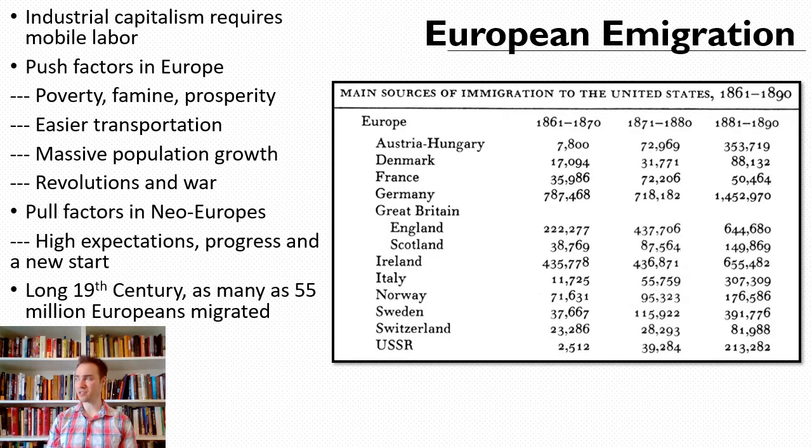Remember the French Revolution kicking off in Europe, then the Napoleonic Wars, then all kinds of conflict in Russia and Germany and other places. So a lot of Europeans just wanted to get out of there and go somewhere else. So what pulled them to other places? Over here, you'll see I called them Neo-Europes. What I mean by Neo-Europes are places like the United States, Canada, South Africa, South America, certain parts like Argentina, Australia.